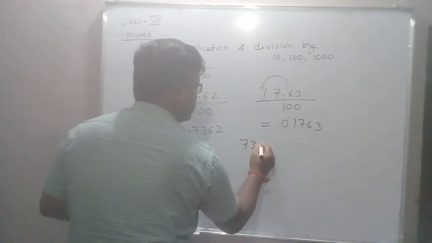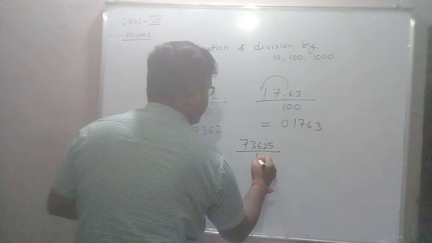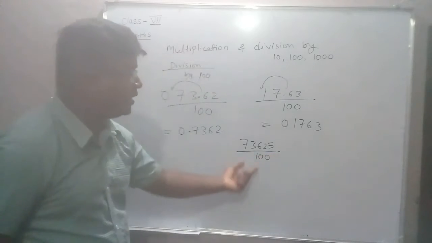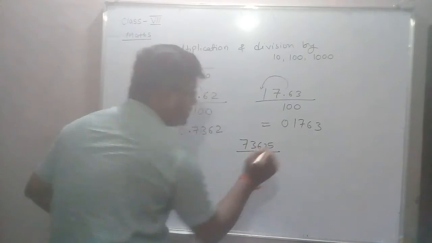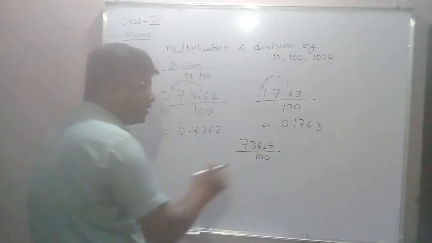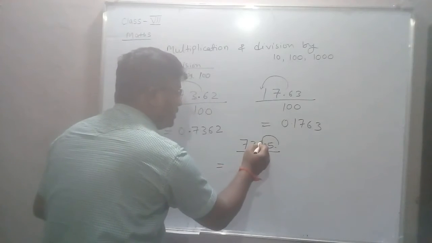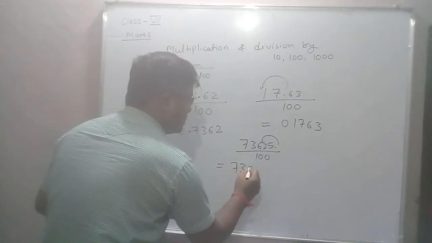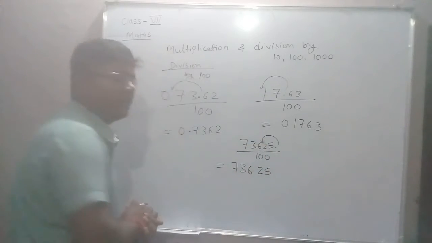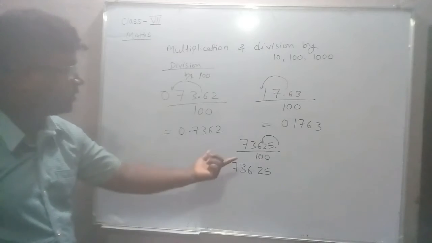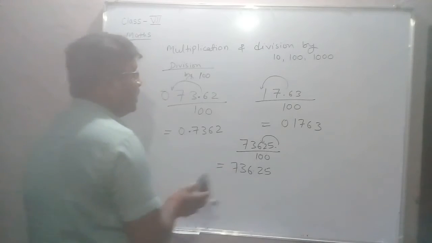Suppose 73625 divided by 100 is there. Here no decimal is shown, but the decimal is at the last. You have to understand that, if not shown. Its decimal will move after 2 digits, so the answer is 736.25. I hope you have understood this division by 100.